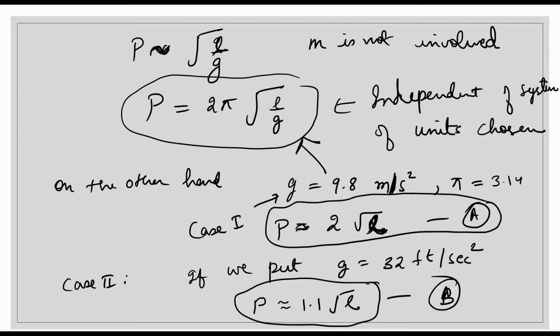This is valid only when you take the length in feet. So equations A and B are not dimensionally homogeneous. These formulas may appear appealing and elegant, but you need to remember that they have some limitations. So this was one of the advantages of dimensional analysis.